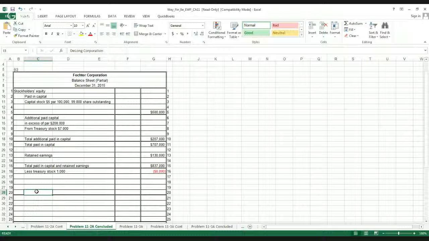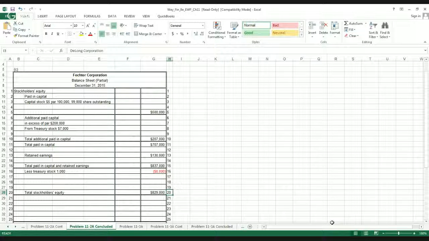So now let's look at our total stockholders' equity. It is going to be that difference, which is 829,000.